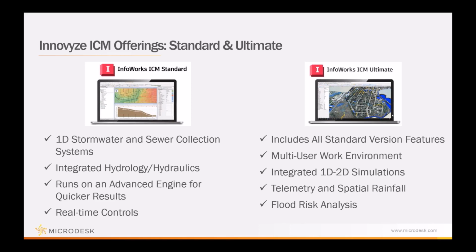Perhaps the main capability of the Ultimate is the integration of 1D and 2D simulation. So you can start doing overflow analysis, and also you're going to have access to more specific tools such as telemetry and spatial rainfall. So you can make some more advanced analysis considering certain rainfall events.